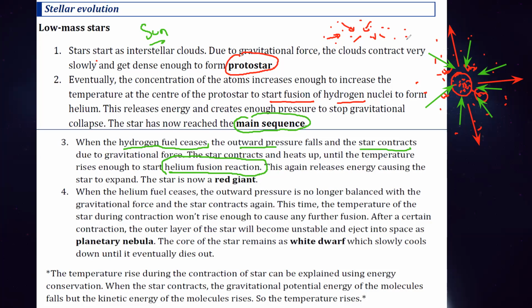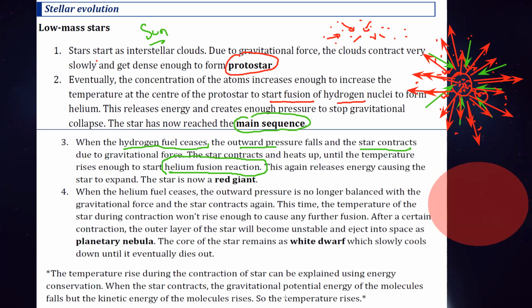That helium fusion releases an enormous amount of energy outward. So now the outward pressure will be more than the gravity. When the outward pressure is more than the gravity, the size of our sun will increase and it will turn into a red giant. Yes, it's a cycle. Hydrogen forms helium, helium forms carbon, nitrogen, and so on.